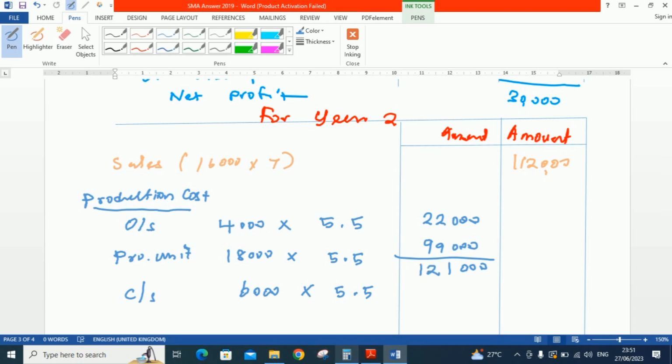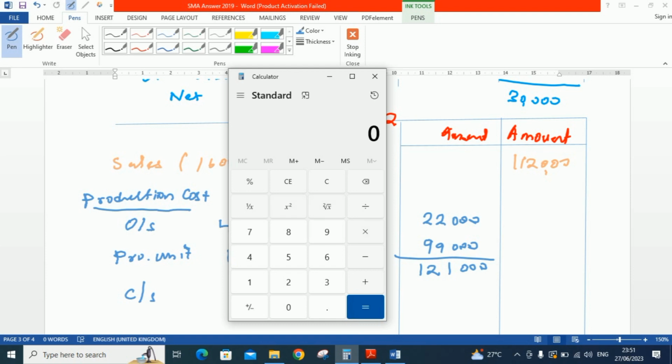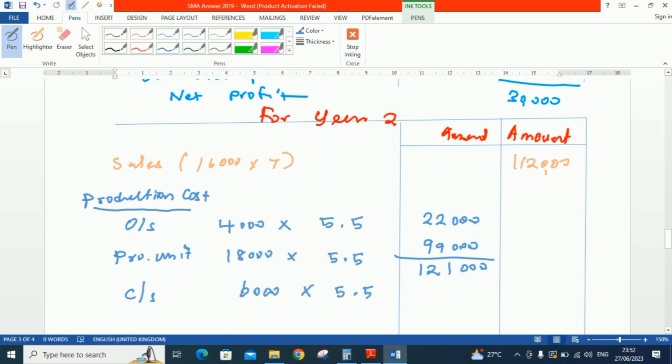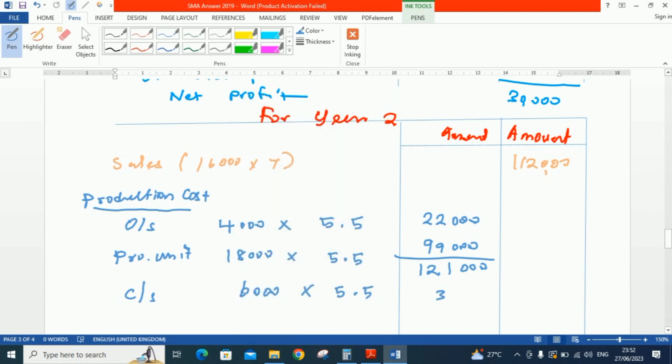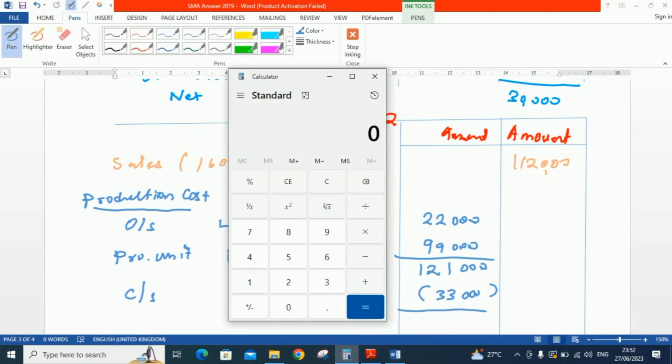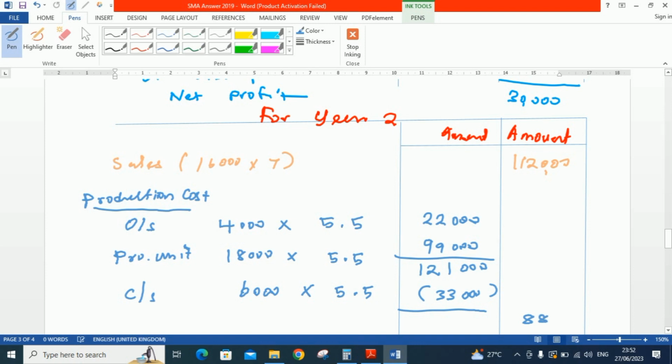And closing stock 6,000 into 5.5, 33,000. So total production cost 121 minus 33 is 88,000.